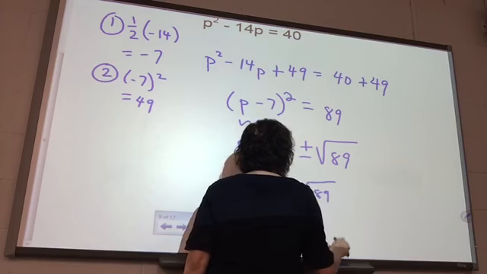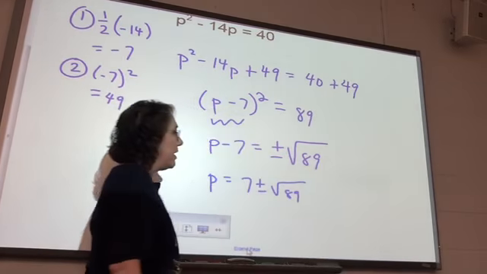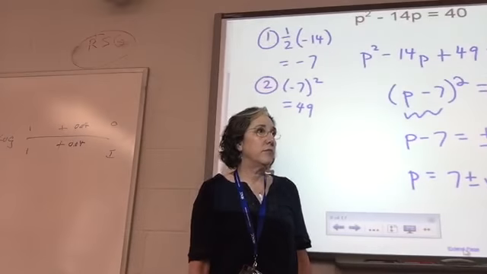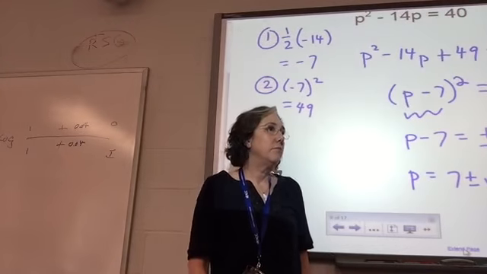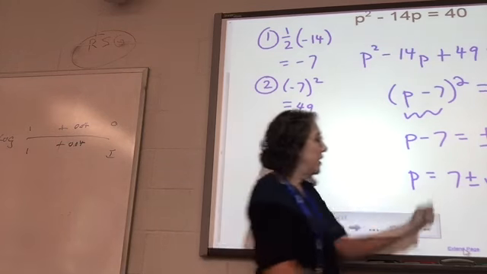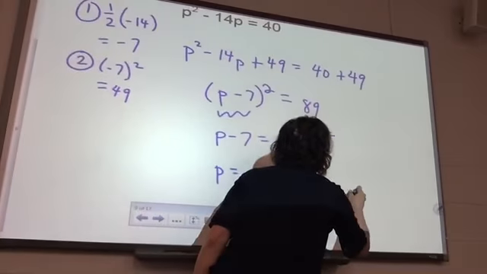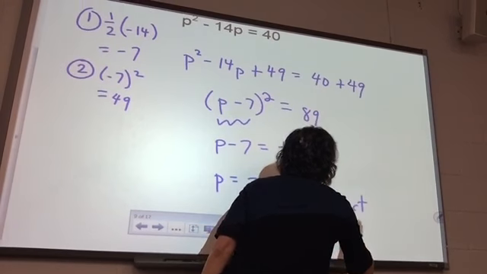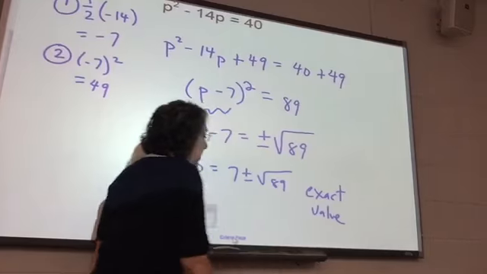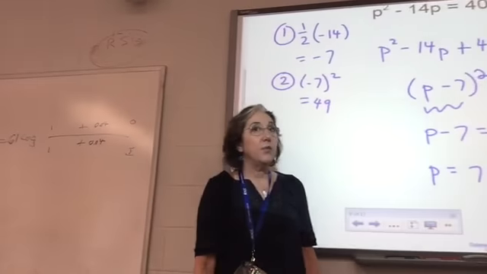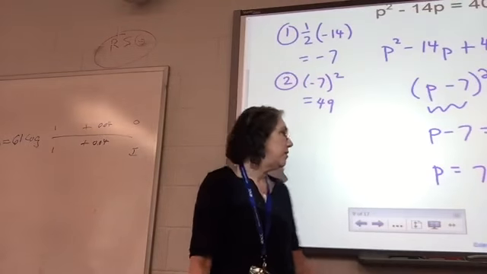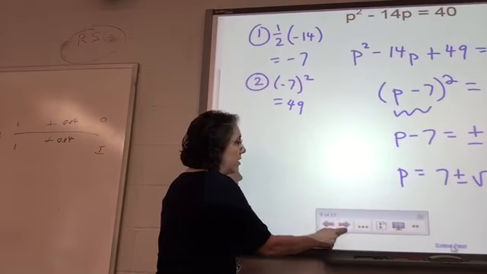And we should check to see if 89 simplifies any, but I don't think it does. It's like 9.4. Okay. So we're just going to leave it in. That's called exact value. Always give exact value simplified unless we tell you how to approximate, and then you can go to your calculator and approximate.